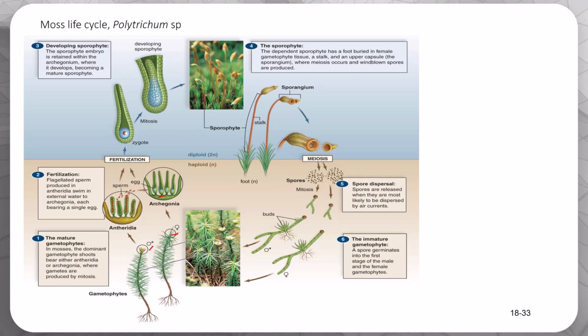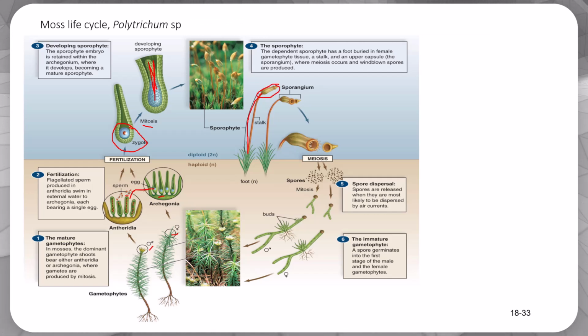And the sperm in a moist environment swims to the egg, and that egg gets fertilized and produces a diploid zygote. That diploid zygote undergoes mitosis to produce a multicellular structure here, which is this little guy on the stalk, which is the diploid sporophyte generation.